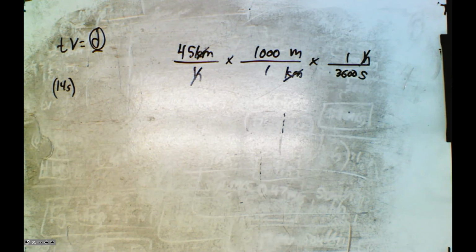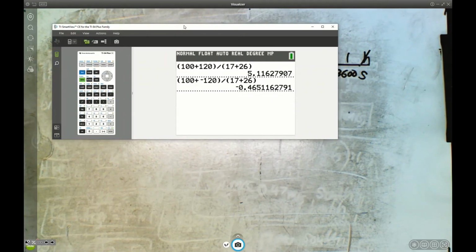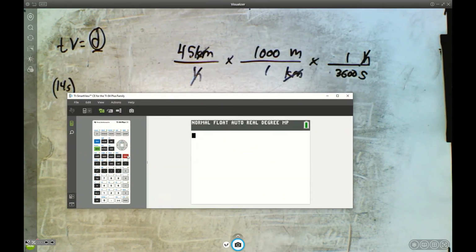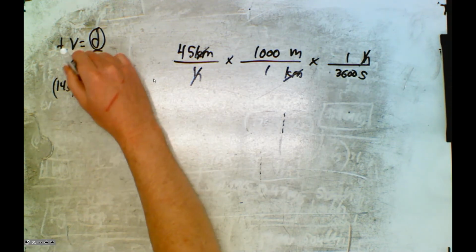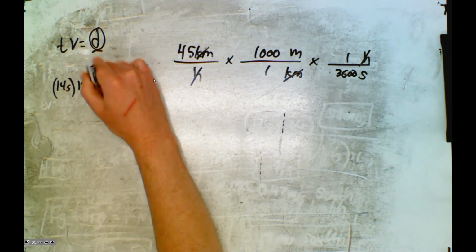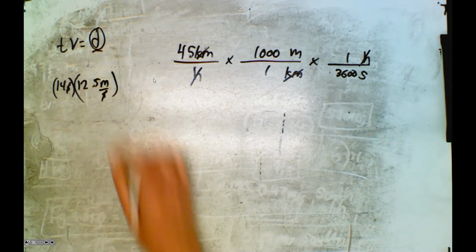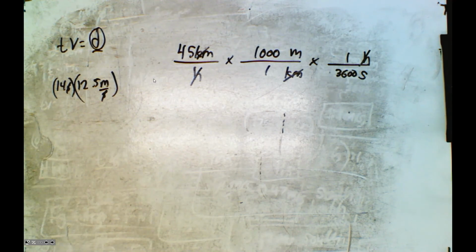If I type this into my calculator, 45 times 1,000 divided by 3,600, I end up getting 12.5. So that's 12.5 meters per second. And you can see that the seconds on the bottom cancel out with the seconds on top, so we end up getting meters as our answer.